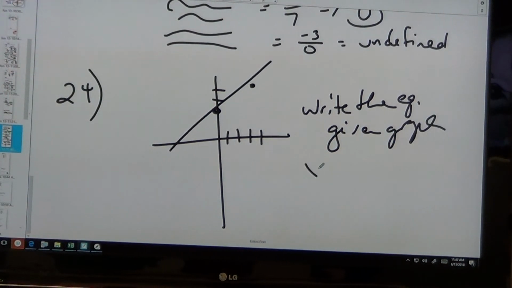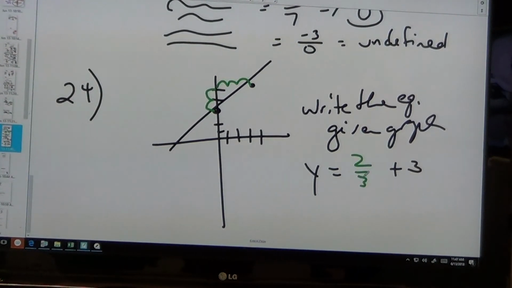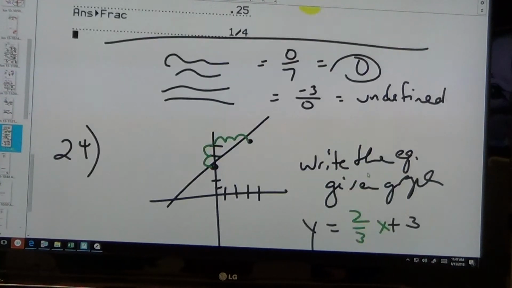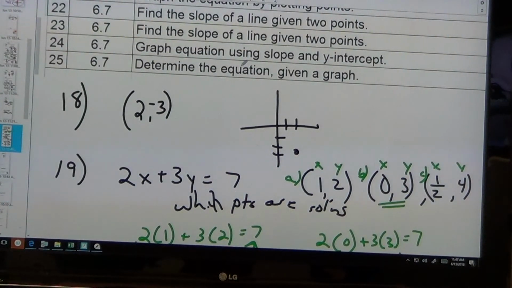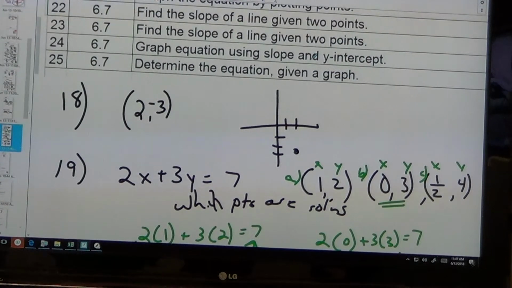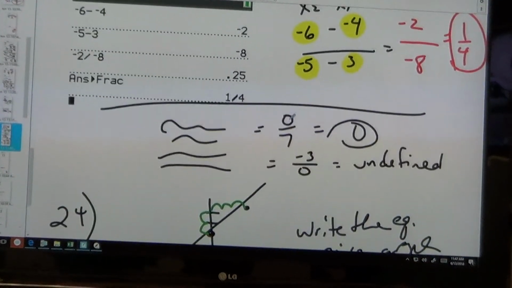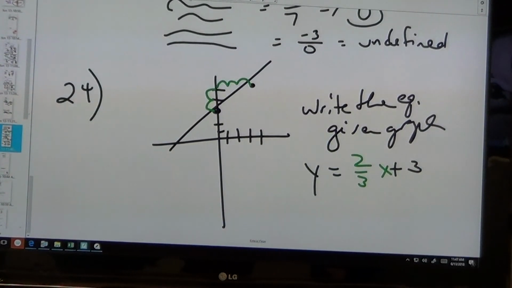And so like you would say y equals a +3, and let's say we went up 2 and we went over 3, so it's going to be 2/3 x plus 3. And then you're going to have one that says determine the equation given a graph. Hold on, that was number 25. Number 24 was graph the equation using the slope intercept. Okay, so this was number 25.